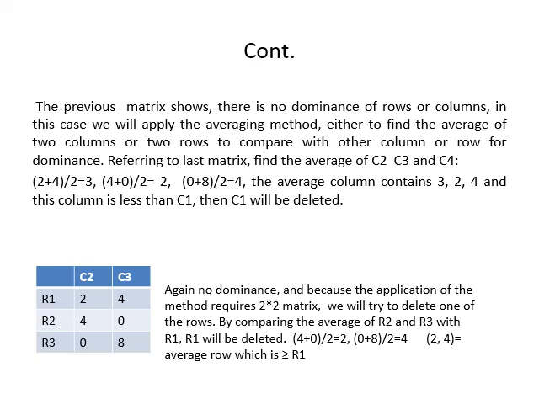Now the average of R2 and R3 is 4 plus 0 over 2 equal 2, and 0 plus 8 over 2 equal 4.